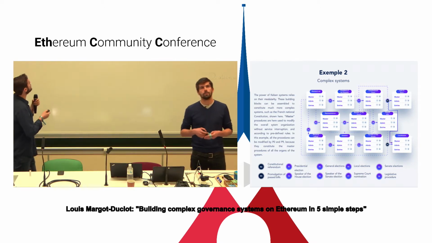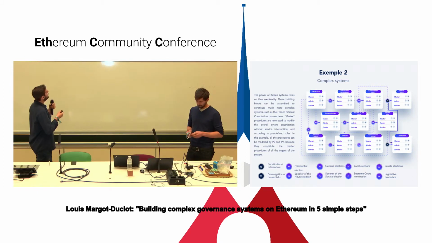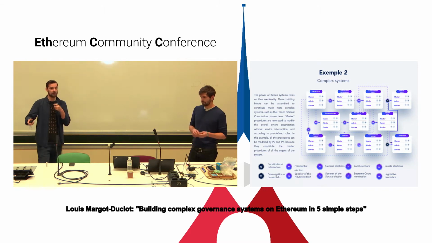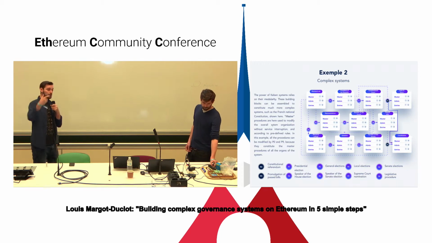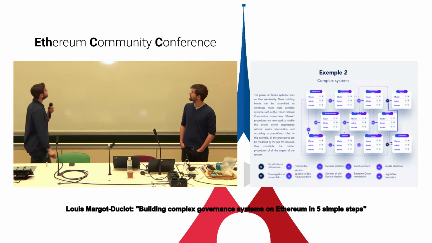And so if you want to change, for instance, how you elect the President of the Republic, you'll pass a constitutional reform through all the necessary steps, and then you'll be able to trigger P0 to modify the admin of this organ, which is P1, and then add new rules for electing the president.